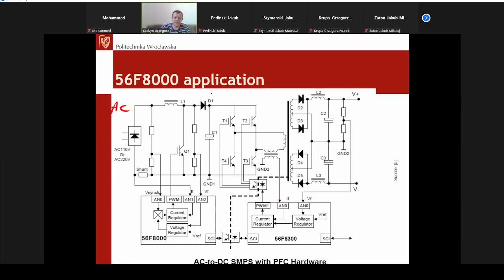Then, of course, we've got the first rectifier, so we've got the DC here, and then the bridge with the conversion transformer, and then the rectifier again, delivering the output. All this required some control. Here, the first microcontroller is used for power factor correction.